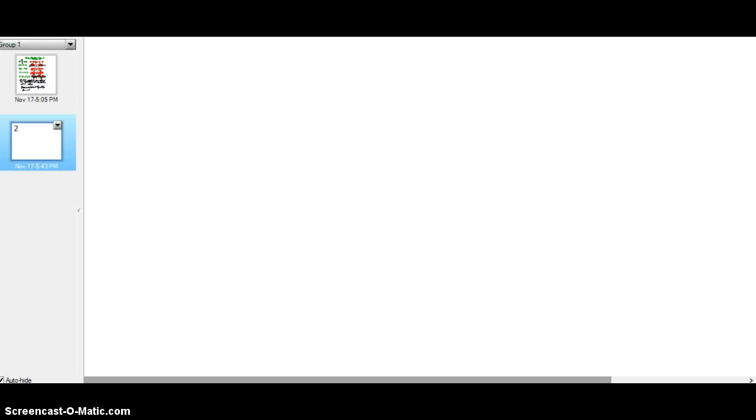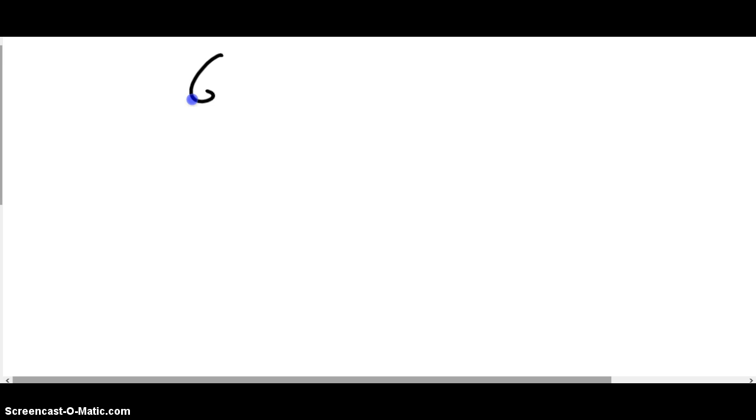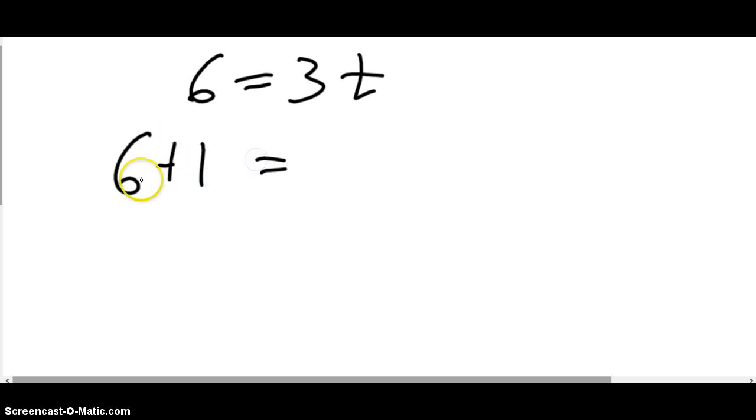Okay? Okay, so let's look at this with variables now, this preservation of equality. So what if we took 6 equals 3t? Well, we can do exactly the same thing as what we were doing before. If we are going to add to one side, we're going to have to add to the other side. So let's say Jackson decides to add 1. If he adds 1 to that side, he has to add 1 to this side.